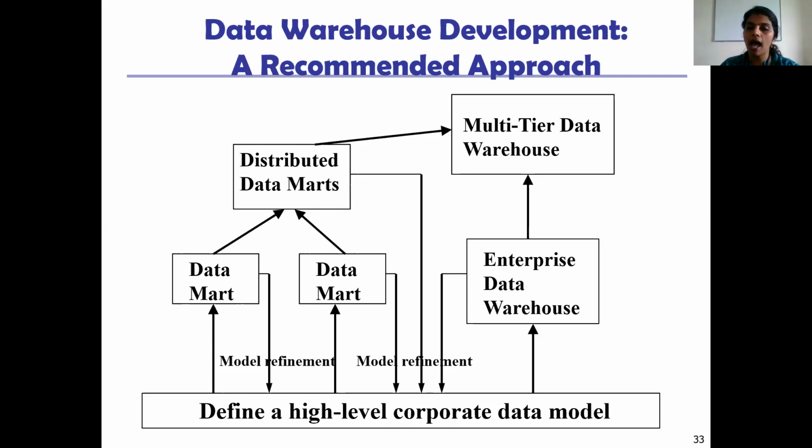The data marts can be combined together to form the distributed data marts, and finally you can build the multi-tier data warehouse architecture. And the custodian of all the data of the multi-tier data warehouse will be the enterprise data warehouse.